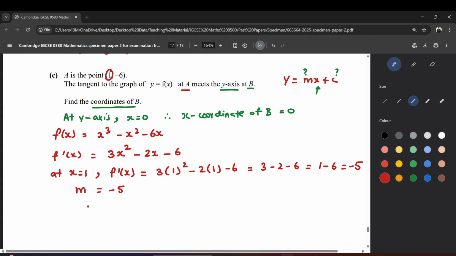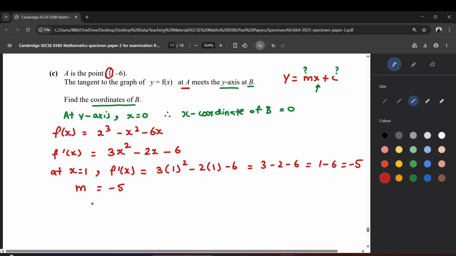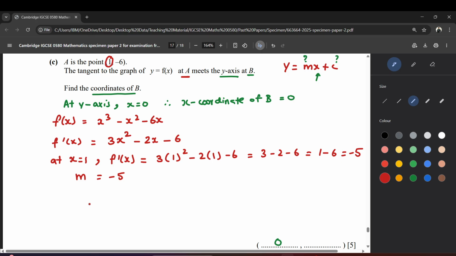Now, how can you find the y-intercept? Let's see. We have been given one coordinate, right? So the line passes through (1, -6), and we've already found the gradient. So the equation of the tangent is going to be in the form y equals mx plus c.